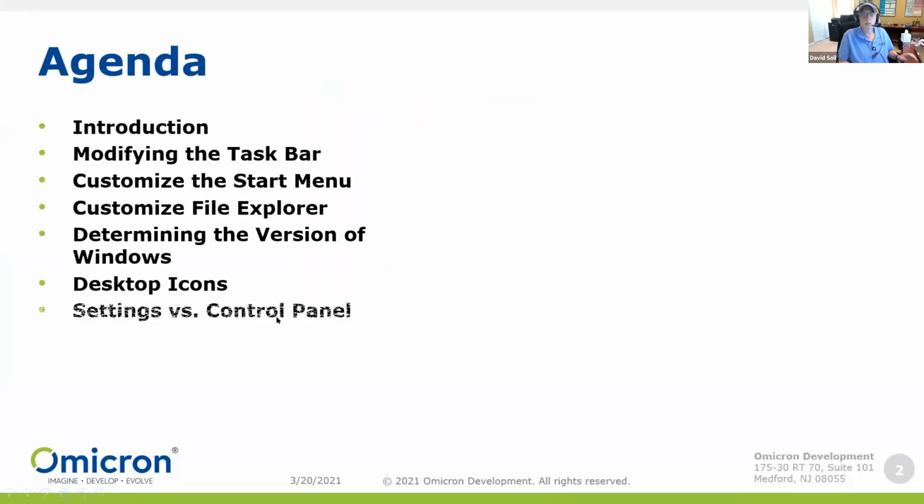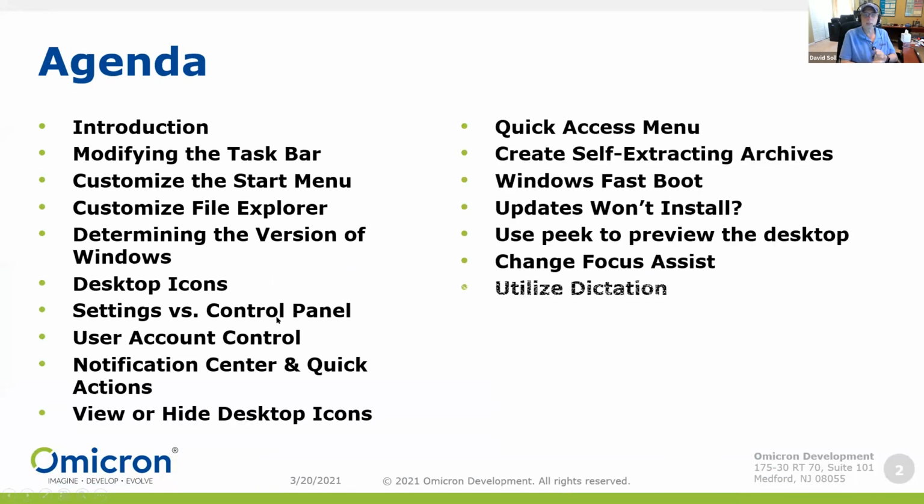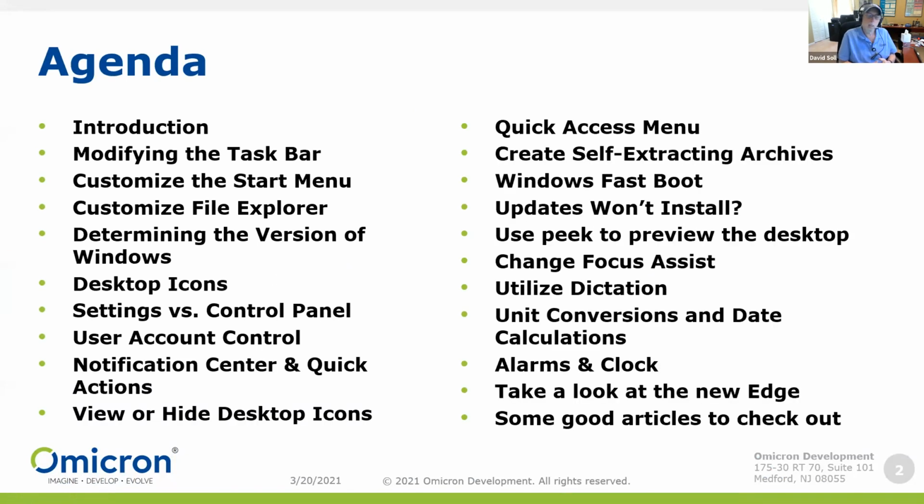So today I have a pretty full agenda. There are a lot of tricks and tips for Windows 10, and I just picked some of my favorites. Certainly, it's not a complete list of things because Windows 10 has so much in it.